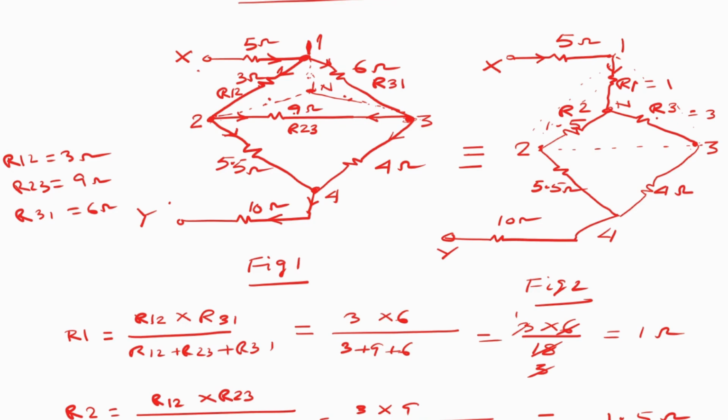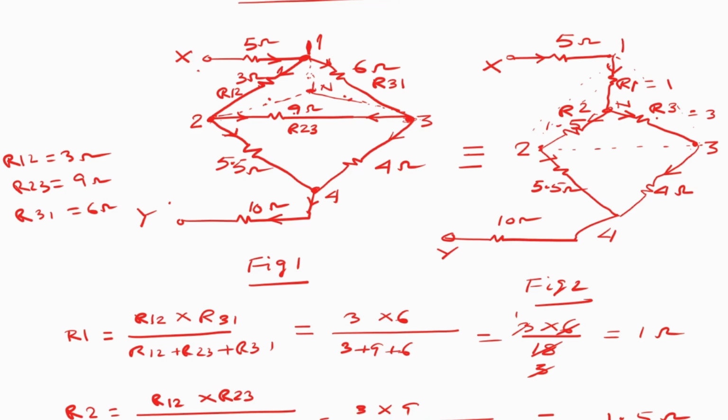That total current passes through the 5 ohms as well as R1, so 5 and R1 are in series. At junction N, the current branches in two ways. One passes through R2, another passes through R3. As R2's current is the same as that passing through the 5.5 ohms, R2 and the 5.5 ohm are in series, and R3's current passes through the 4 ohms, so the R3 value and the 4 ohms are in series.